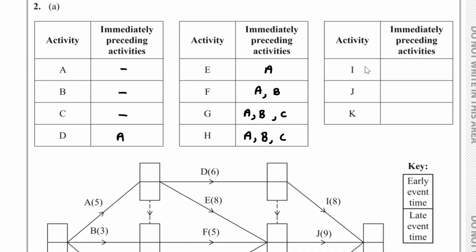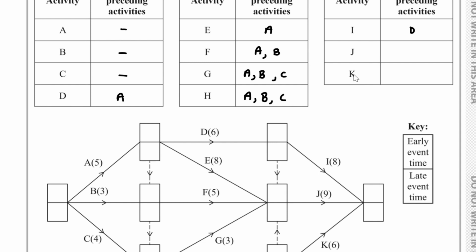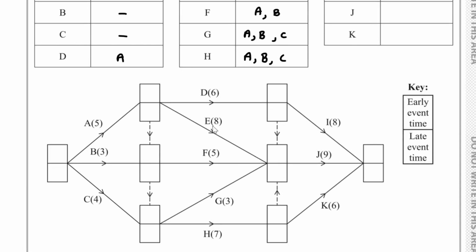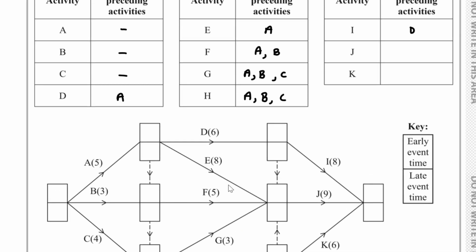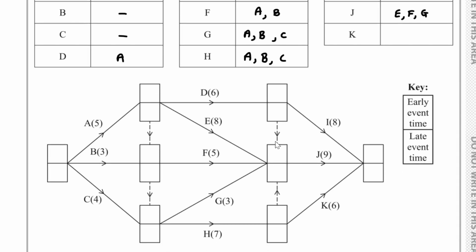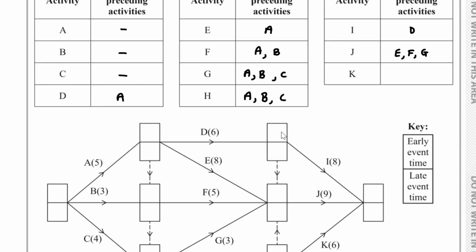If we take a look at activity I, that depends on D completing. If we take a look at activity J, well, clearly J requires E, F, and G to finish, so let's just write that down. Here we have E, F, and G. But also, it requires D to finish as well, and that's indicated by this dummy over here.